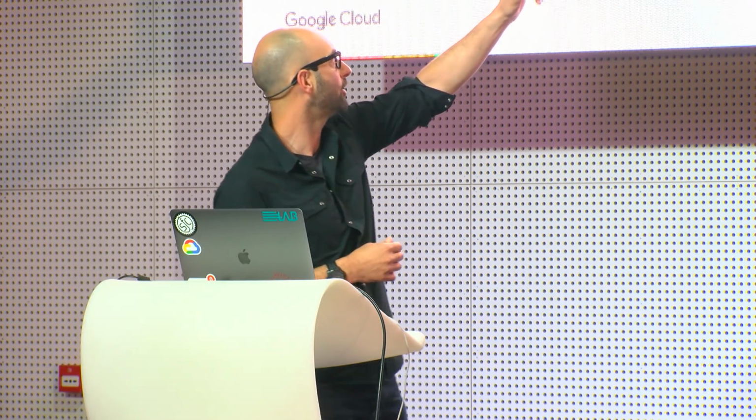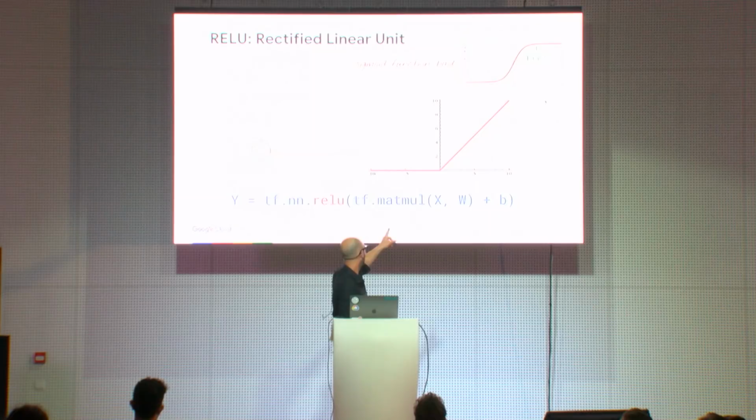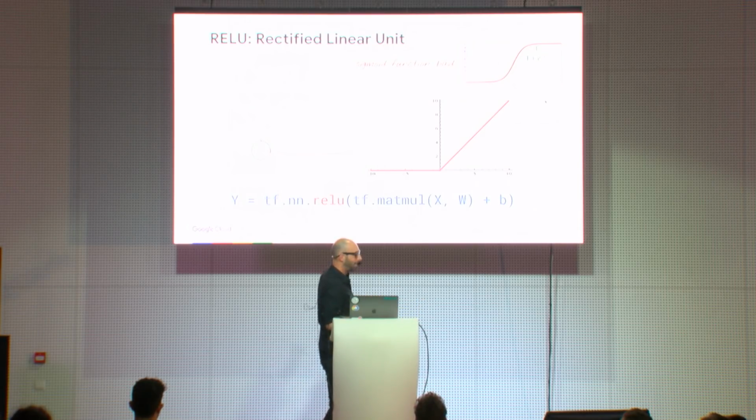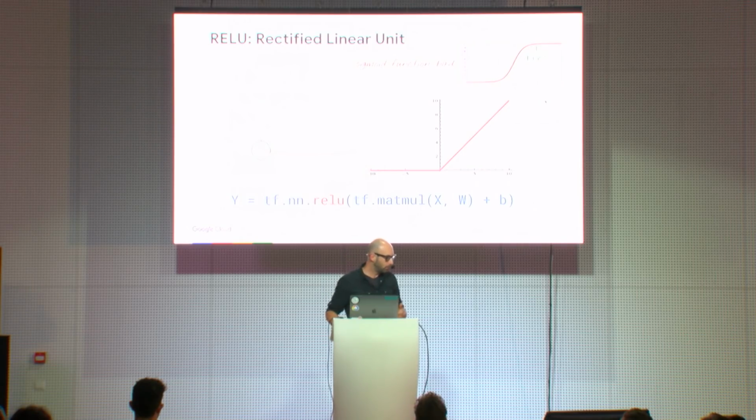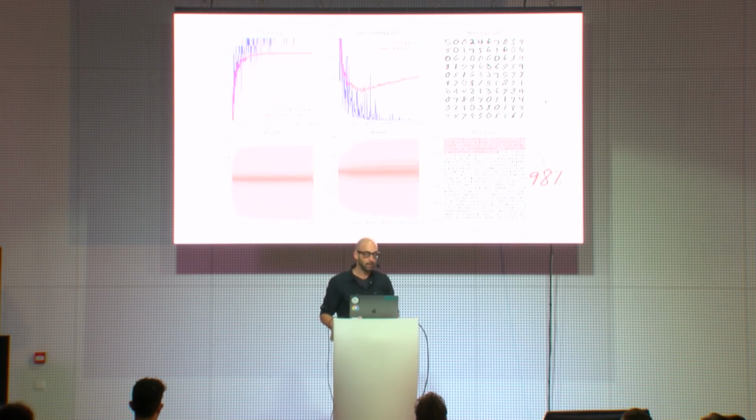Instead of using the sigmoid function on the top right, they clamp anything less than a value of 0 for a result, and it's just a linear unit function from 0 through 10. The code at the bottom is actual TensorFlow code to run this computation. So if you use this rectified linear unit to calculate, you get a much better result.